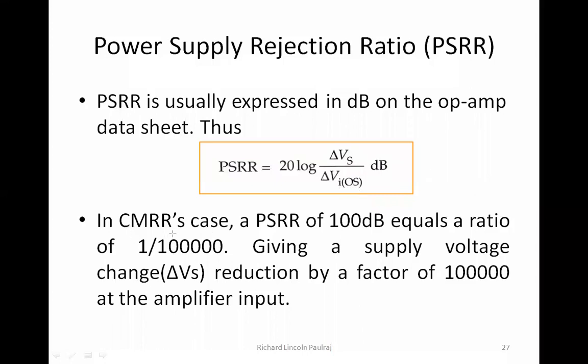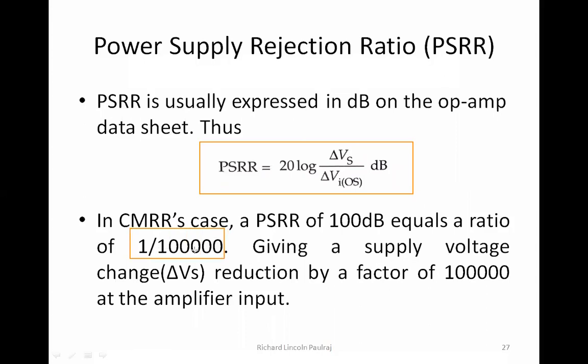As with CMRR, let's take an example of a PSRR of about 100 dB. I have a system and its PSRR is about 100 dB. So how do I understand this 100 dB? It has a ratio of 1 divided by 100,000, that is 10 to the minus 6, so 6 decimals, keep that in mind.